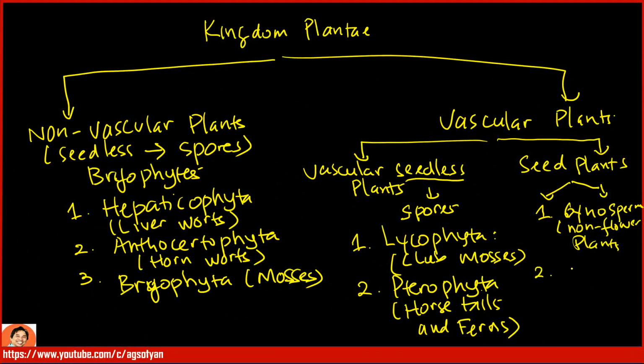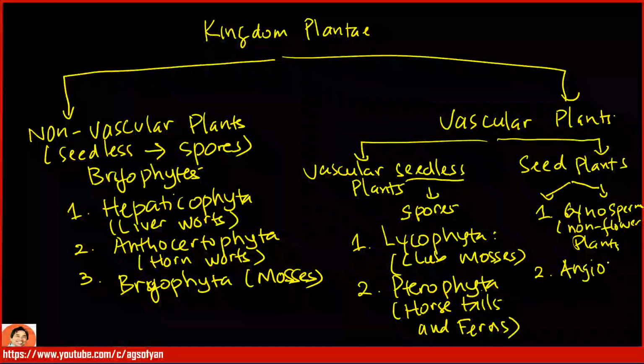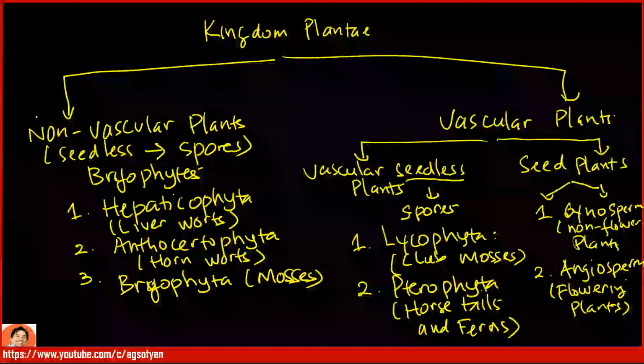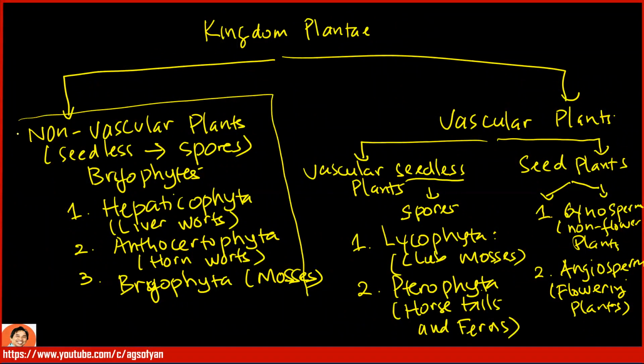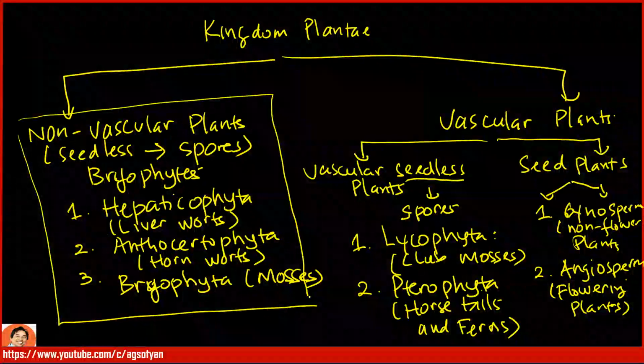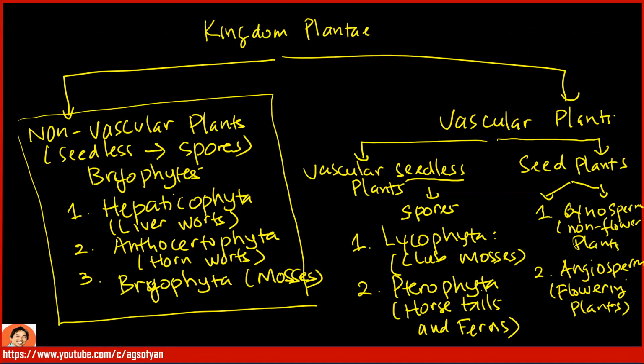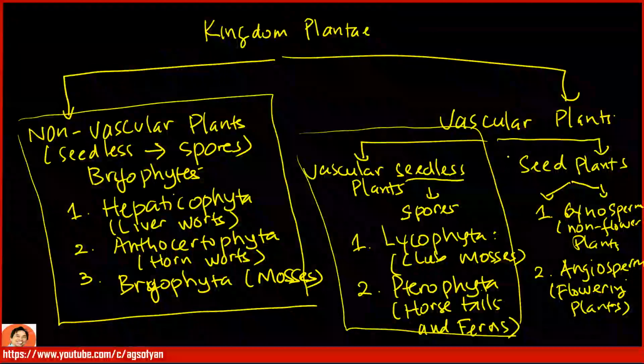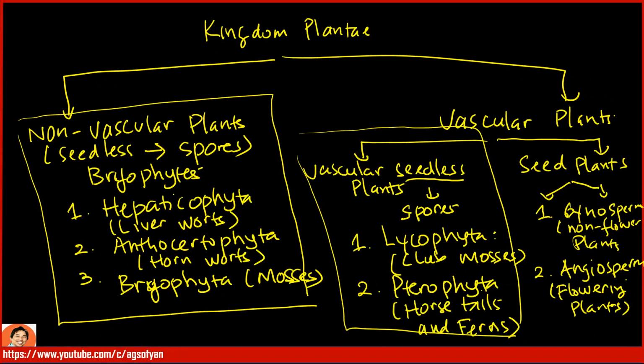And the second one will be the angiosperms, also known as the flowering plants. In the last meeting, we already talked about the non-vascular seedless plants. Today we will talk about the vascular seedless plants. The seed plants will be discussed in chapter 26.